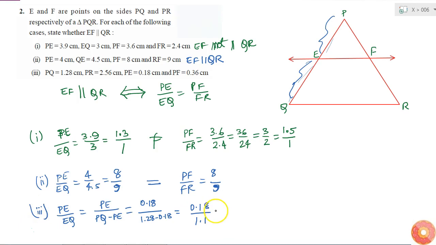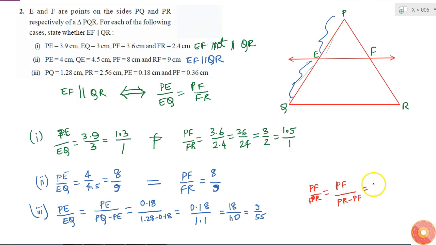So what is this value? I can multiply it by, say, 100. So this will be 18 by 110 or 9 by 55. And what is the value of my PF by FR? I have to find PF by FR, which is equal to PF by PR minus PF.